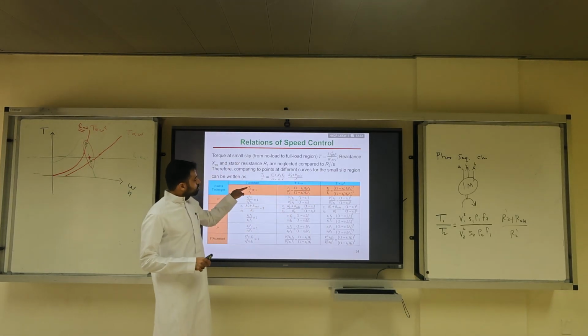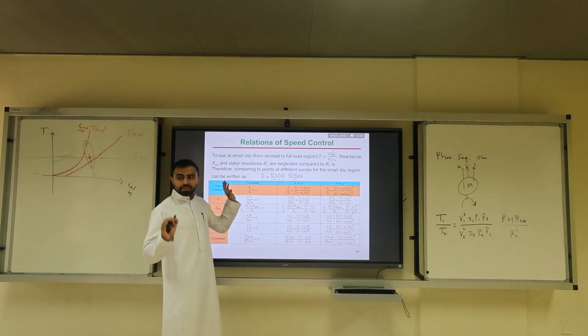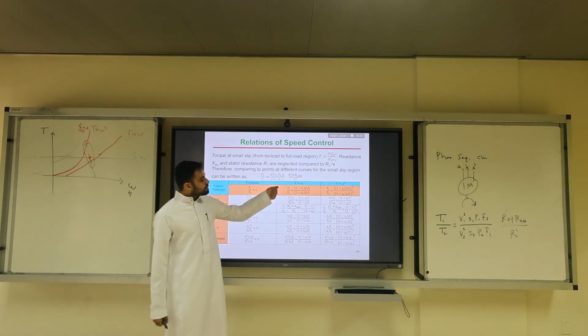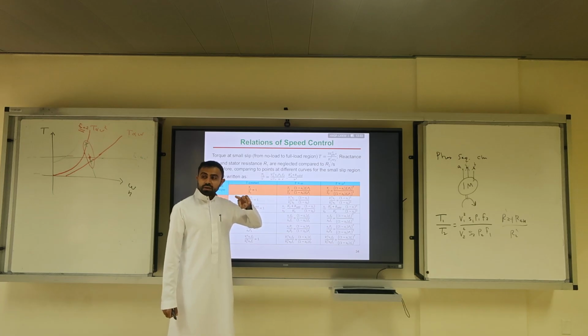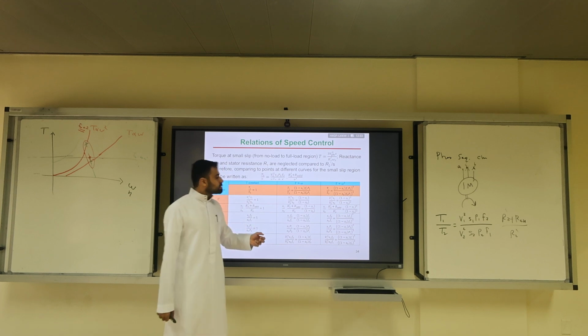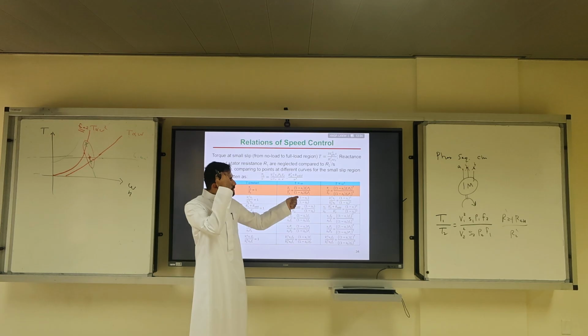If you divide torque 1 over torque 2 for a constant, what's the result? 1. If you divide torque 1 over torque 2 between two different linear loads, the change will be a function.